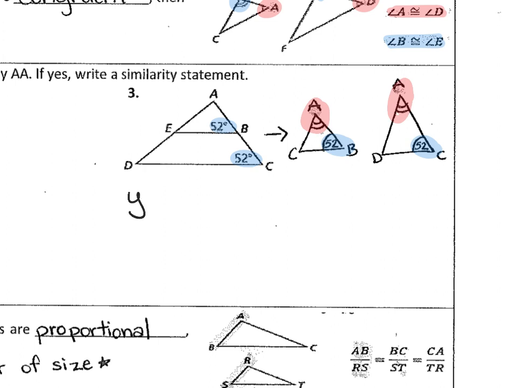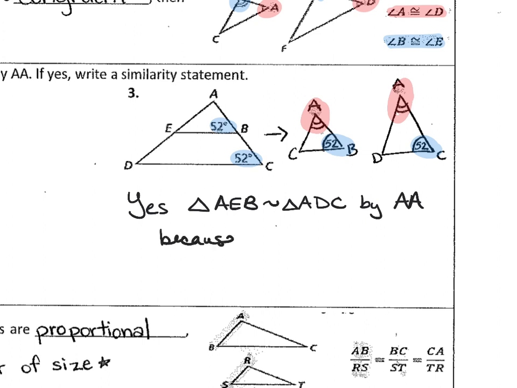Yes, we would say triangle AEB is similar to triangle ADC by the angle-angle similarity theorem, because angle A is congruent to angle A and angle B is congruent to angle C.